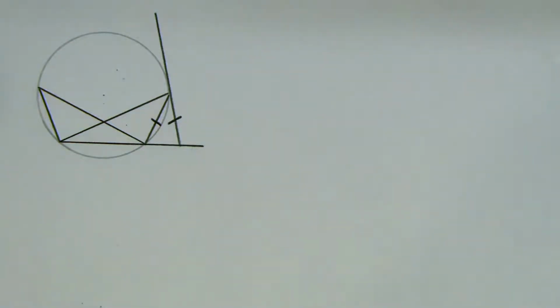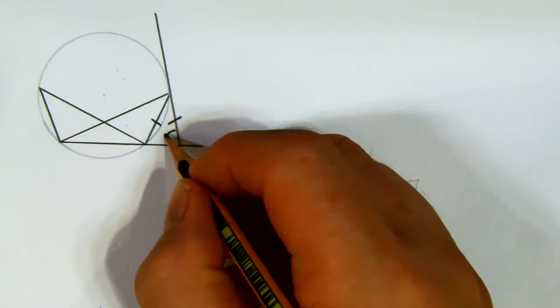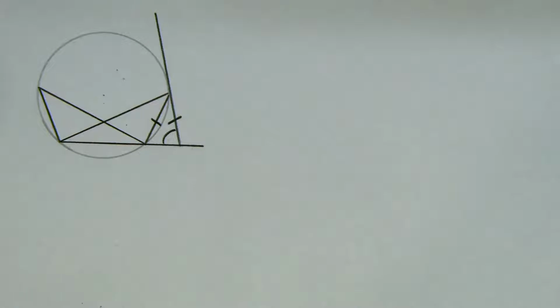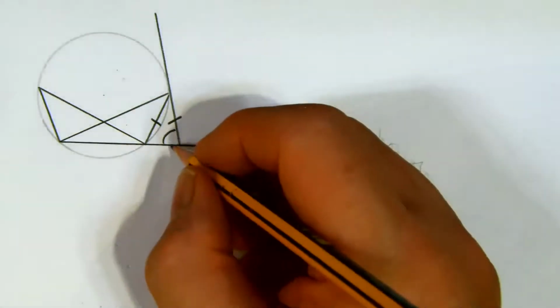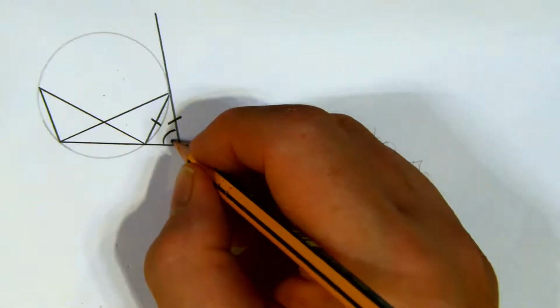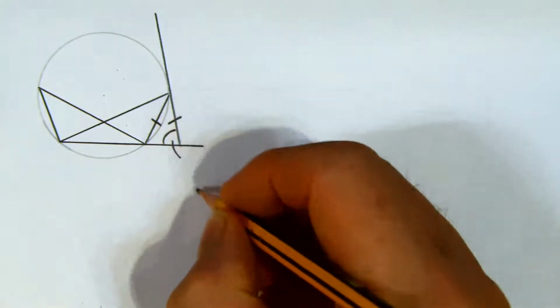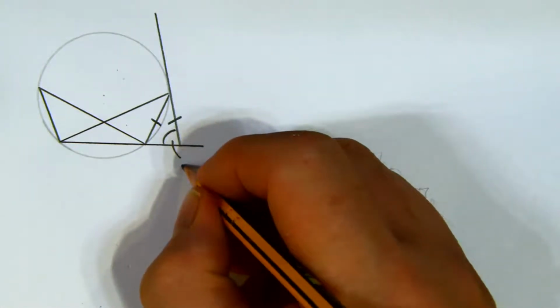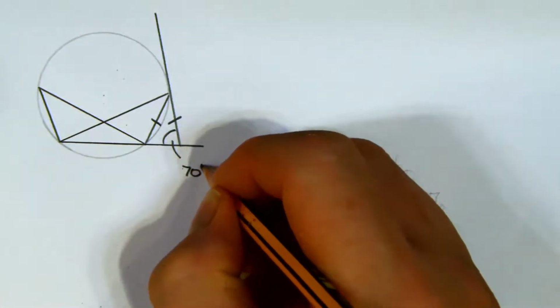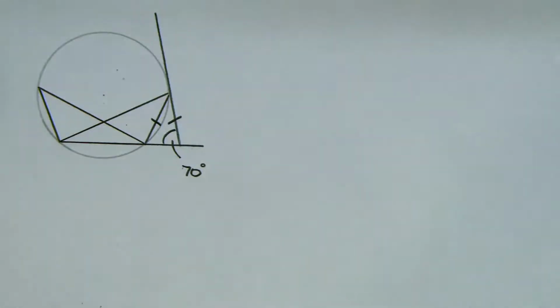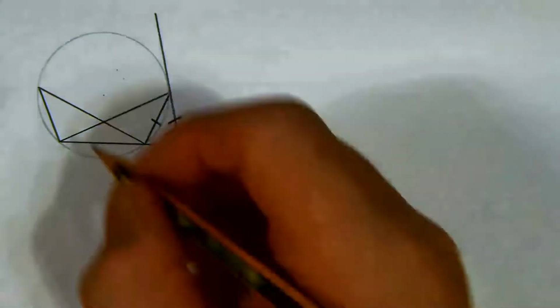All right? And I'm going to give you an angle here. And let's suppose that's going to be, oh yeah, let's make that 70 degrees. And we'll have another one.